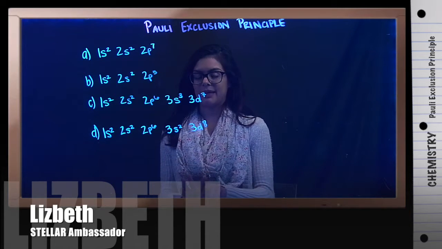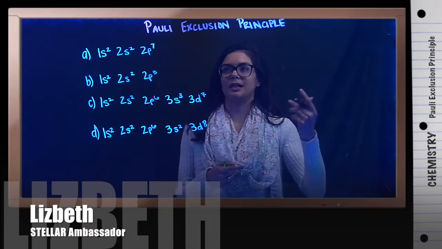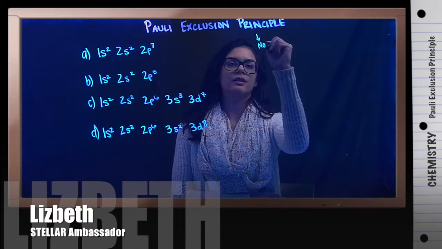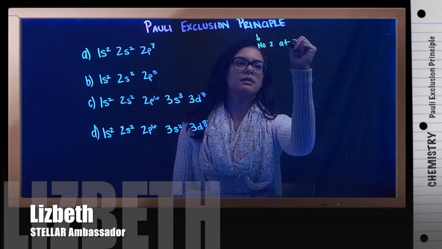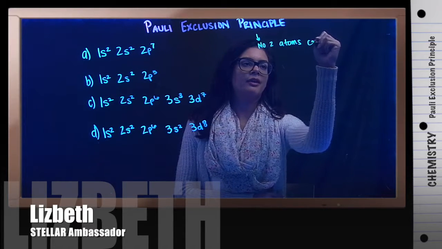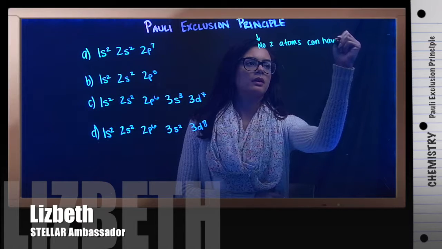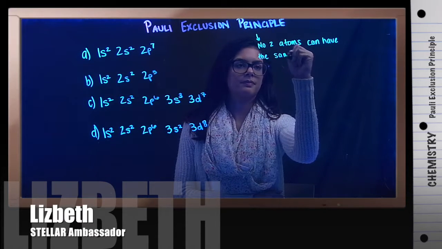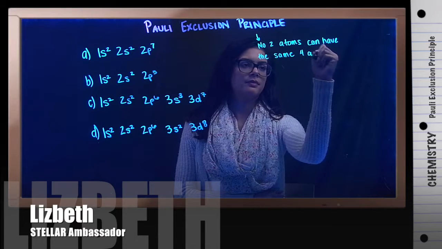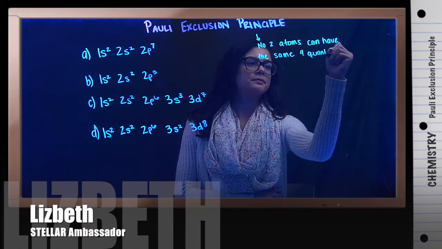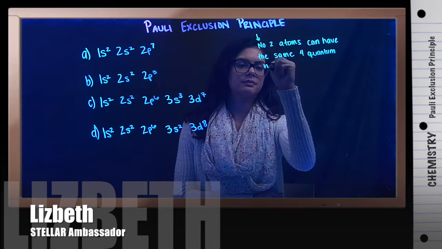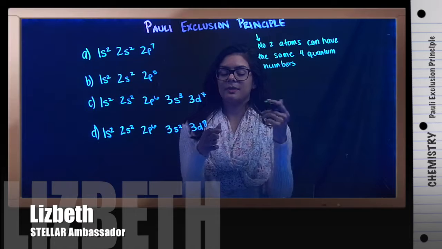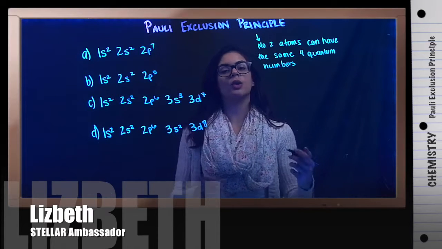So let's keep in mind what Pauli exclusion principle is. It just means that no two electrons can have the same four quantum numbers, and that those quantum numbers have to follow very specific rules.